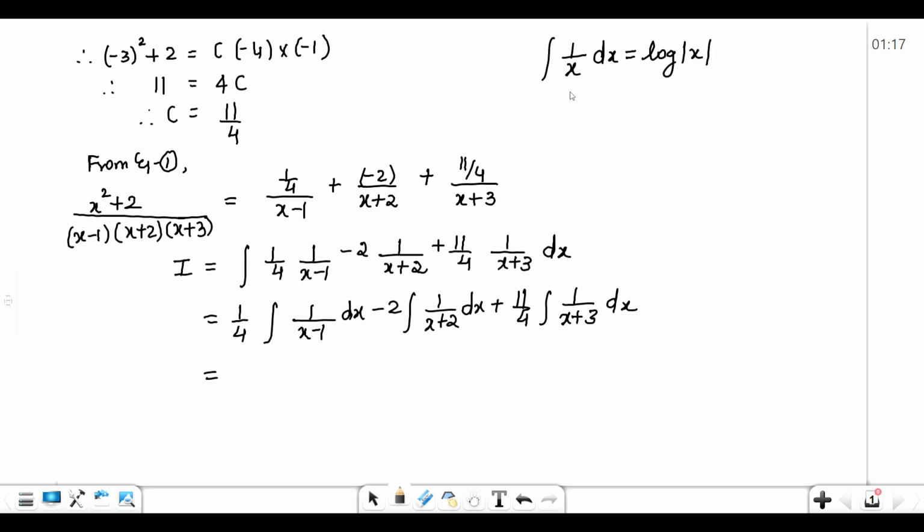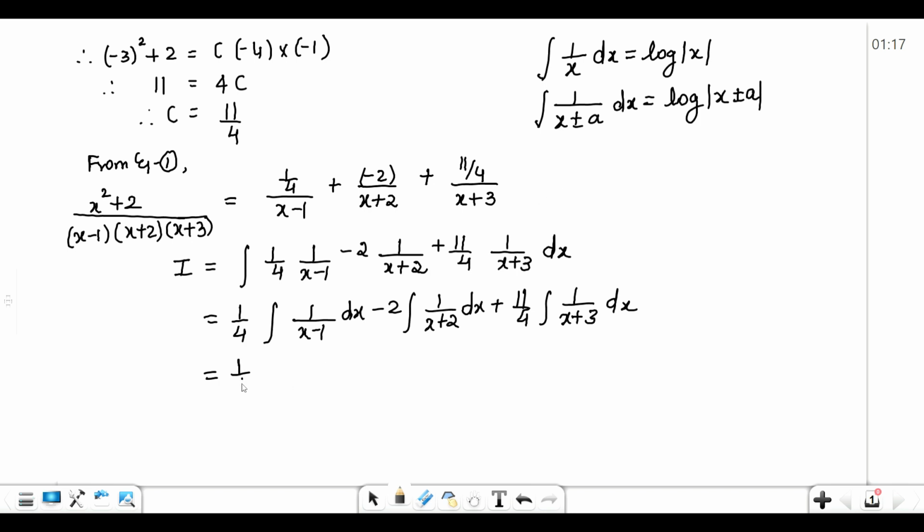The same thing can be applied for linear functions. If you have a linear function, let's say x plus or minus a, in that case also you can apply the same thing. Instead of x it will be x plus or minus a, because it is a linear function, so we can apply it.